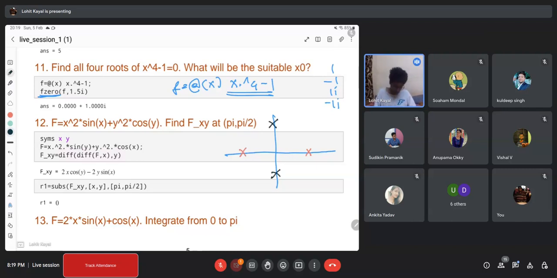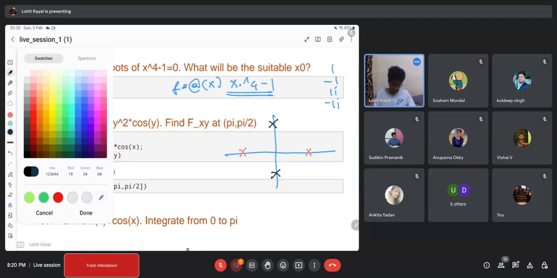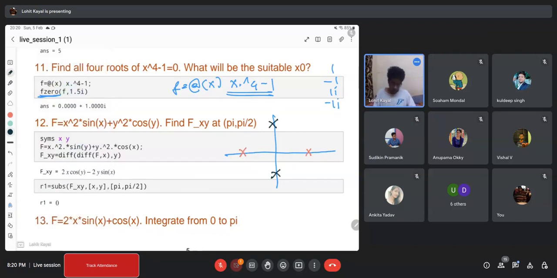Okay. Now when you are using fzero, you don't have to specify double equal to 0 like in solve. This is in the syntax. You will remember it as we go along. So here f comma 1.5i, this is the initial guess I am taking.